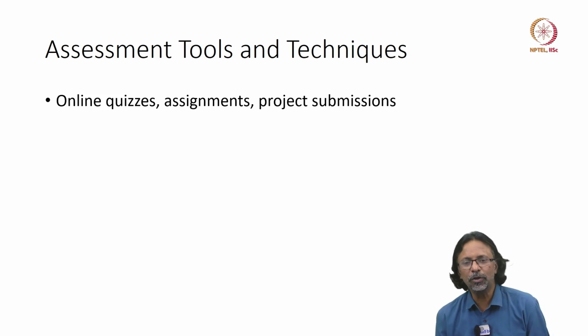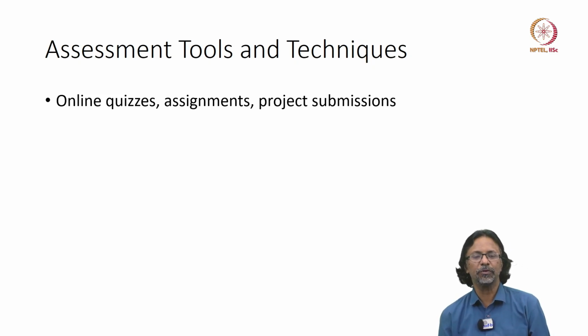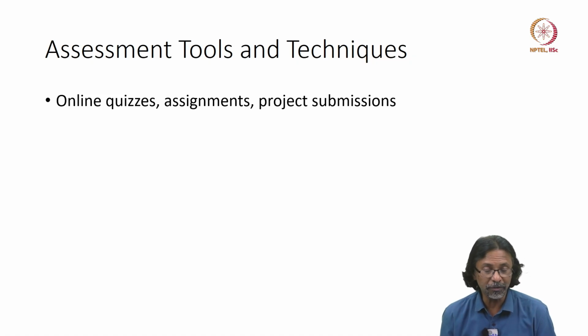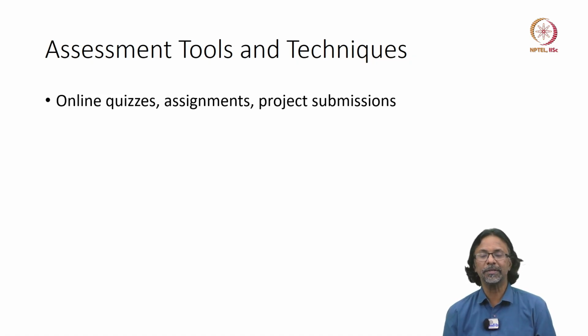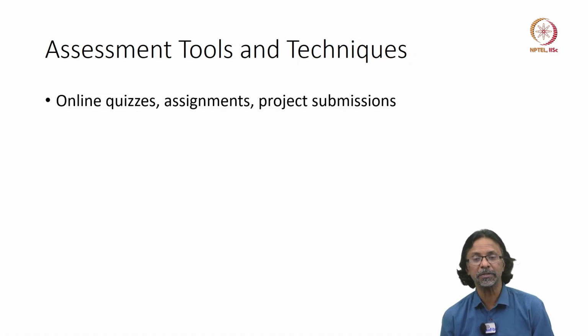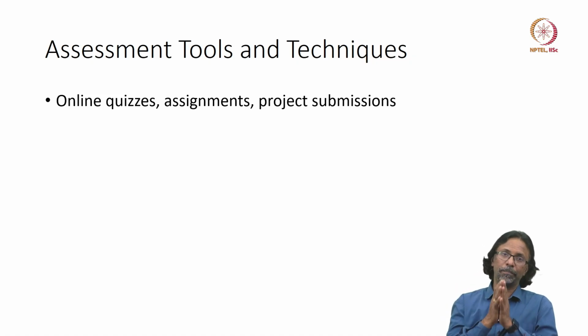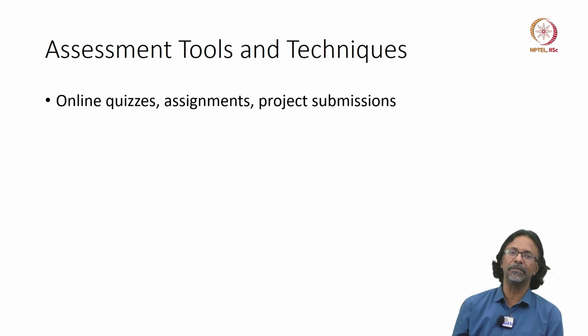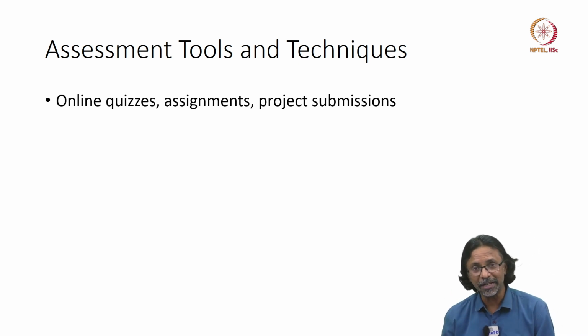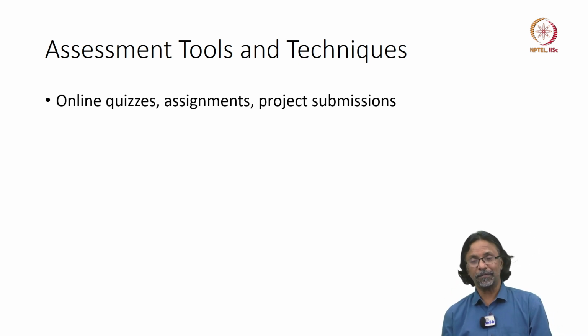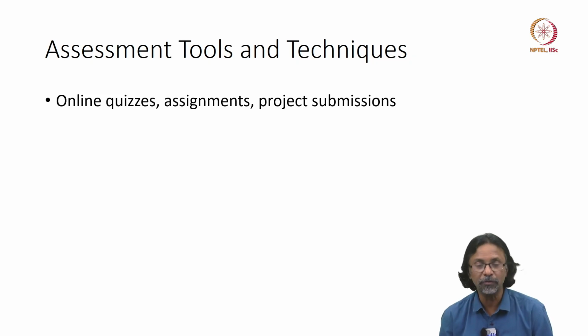So the assessment tools that any system should support and instructors should use are online quizzes, online assignment submissions, and project submissions. All of these will give you plenty of additional online benefits, such as fixed deadlines that can be specified. You can specify the total duration until when they can submit it, and so on.